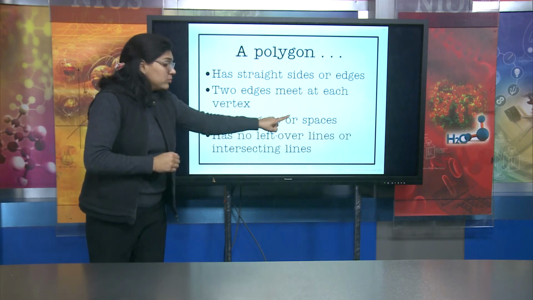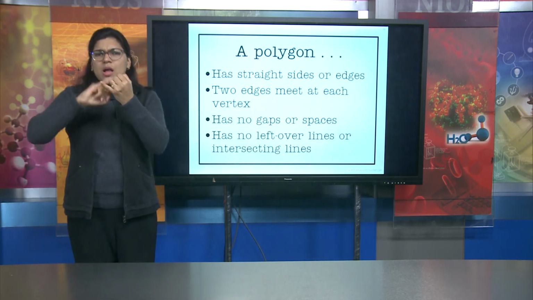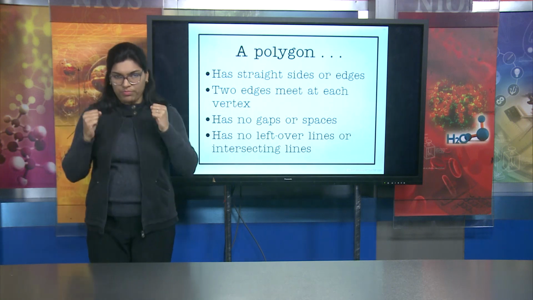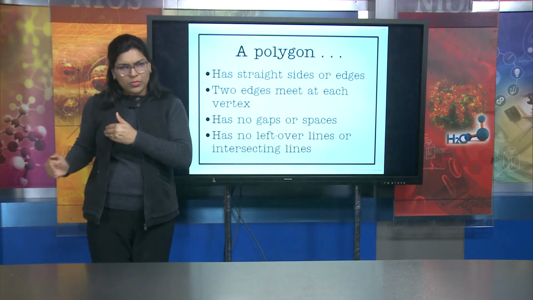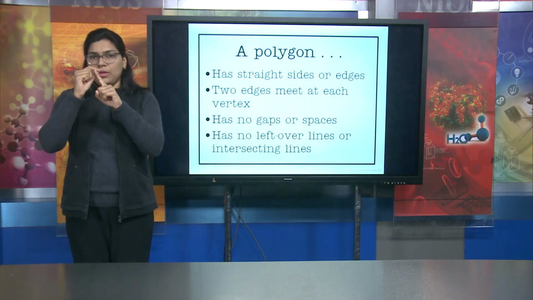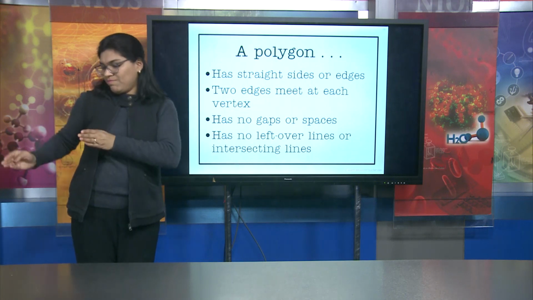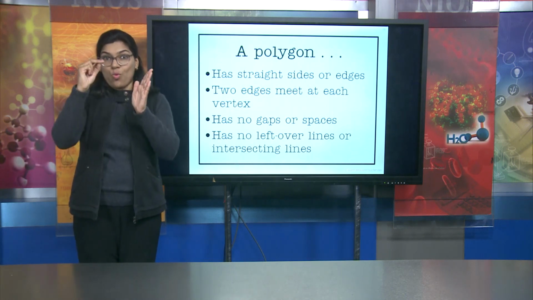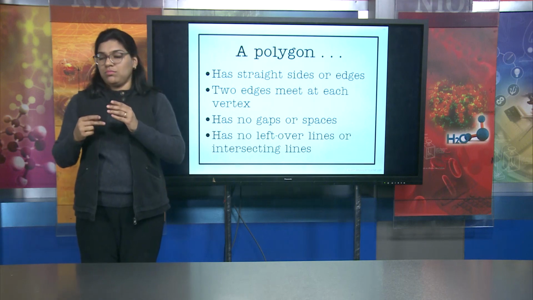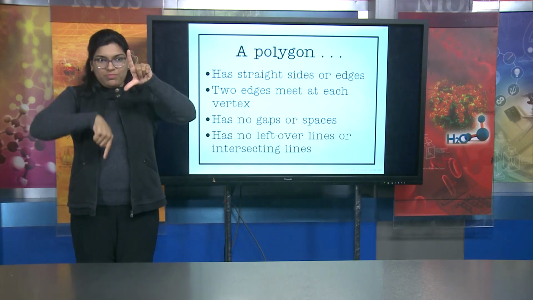Now the third feature explains the word gap. When two lines are together, then there is no gap. Gap and space have similar meaning. Because the word no is written here, that means there is no gap, they are together.